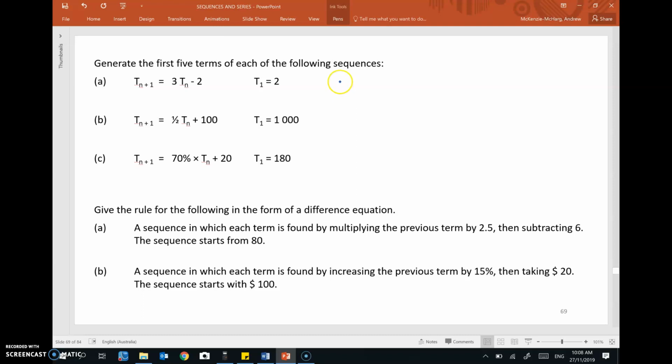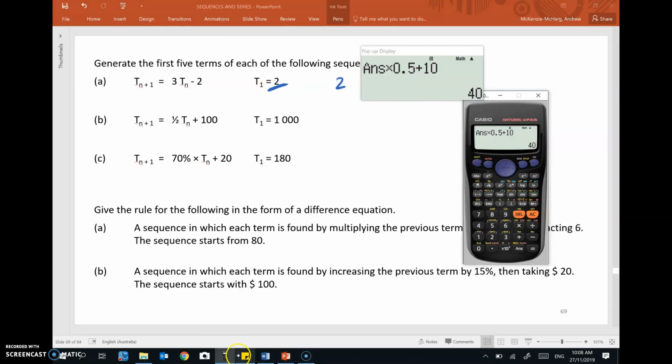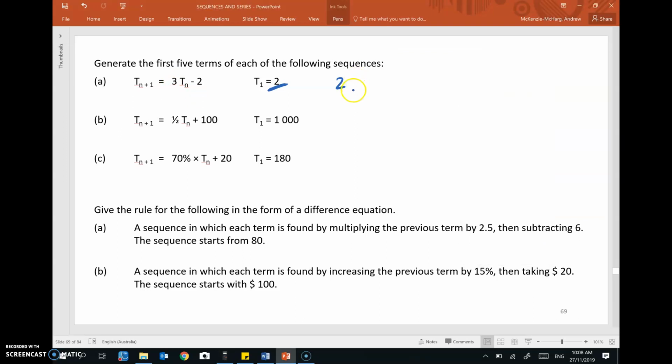So here we're going to start with a 2 because that's our first term of the sequence. And we're going to go 3 by 2, just using the rule as it's here. Take 2, and the next term is 4. We can just keep doing that, and you should get this sequence. That's a 28 there, by the way.